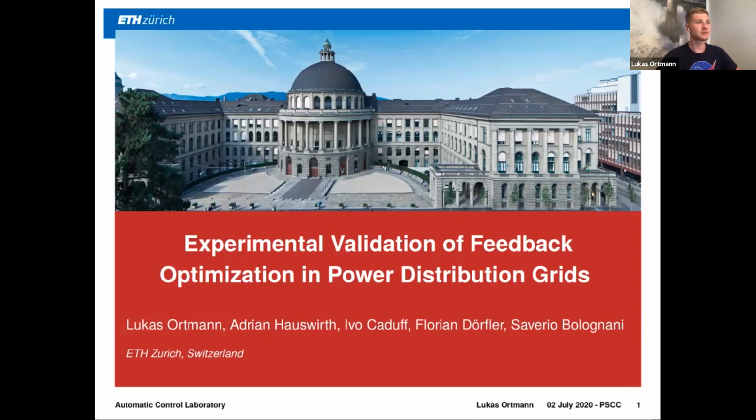And then Pedro is asking, it seems that the sensitivity of voltage to reactive power injection, the matrix X, is necessary. Don't you need a model to compute X? What is the impact of having an X with errors? That's a very good question. Yes, if you want to calculate it, then you need some kind of model assumption, and you need some parameters of the cables that are in your grid.